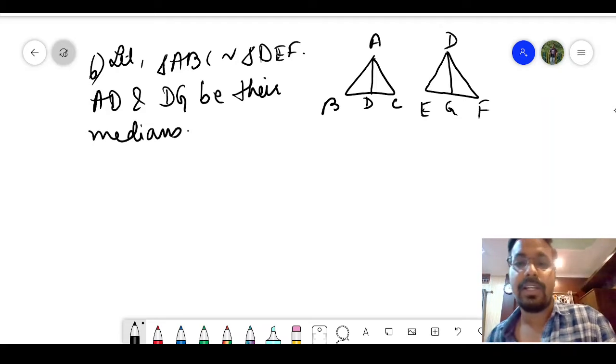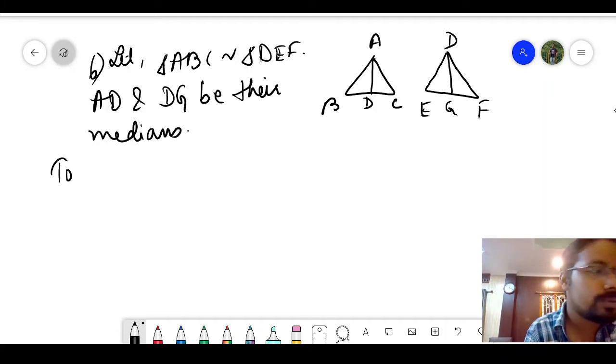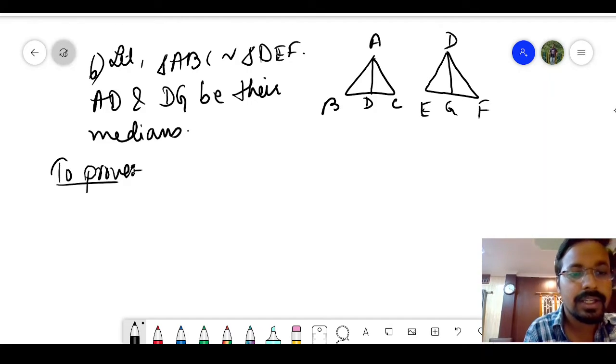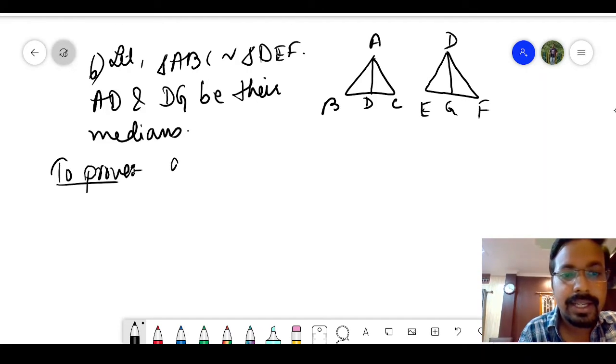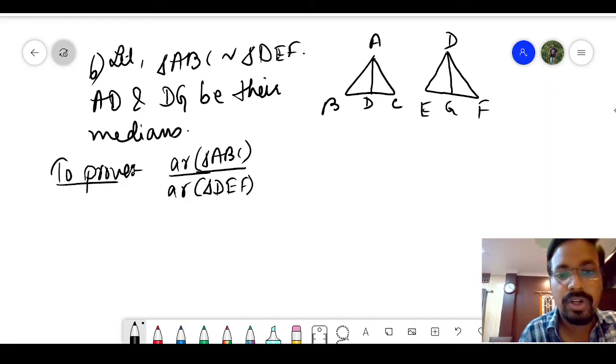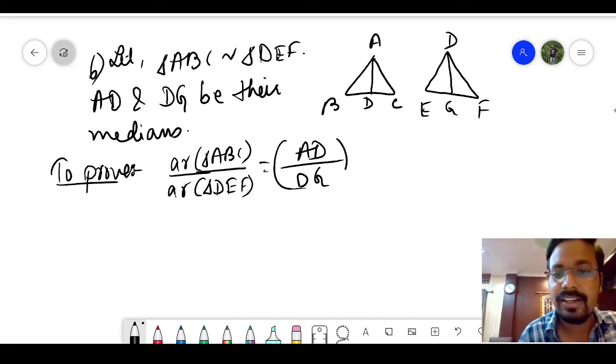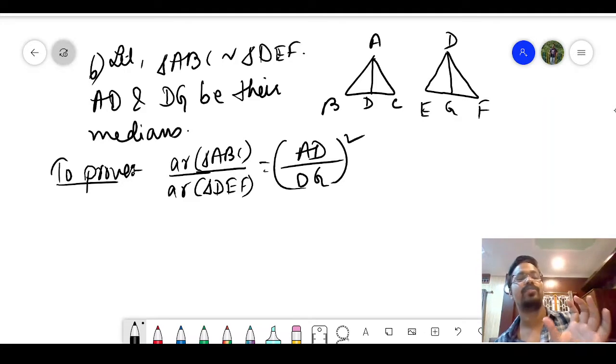Okay, done. So what do we have to show or to prove? That area of triangle ABC by area of triangle DEF will be equal to AD by DG whole square. This is what we have to prove.